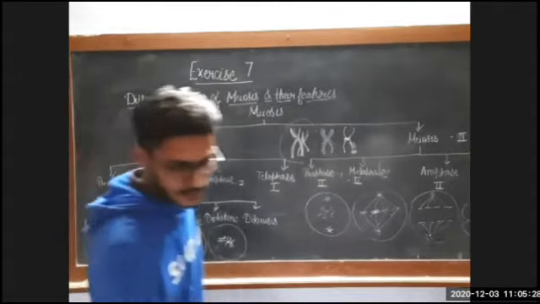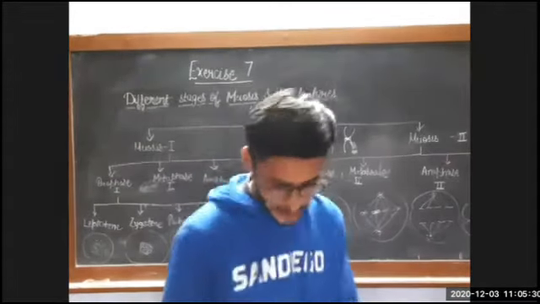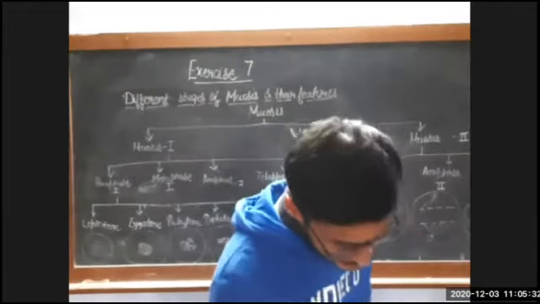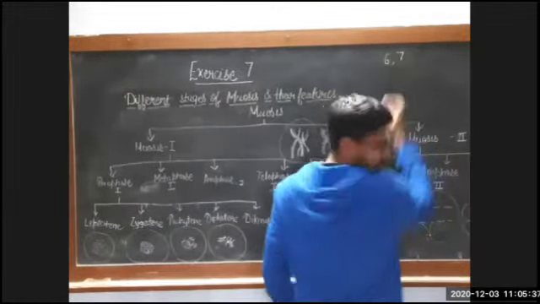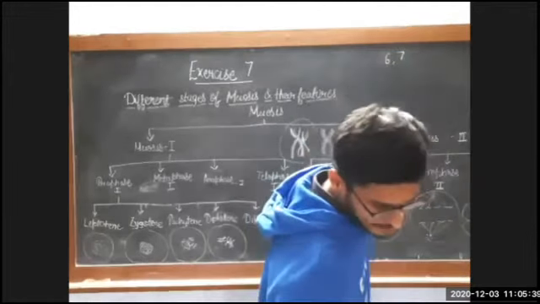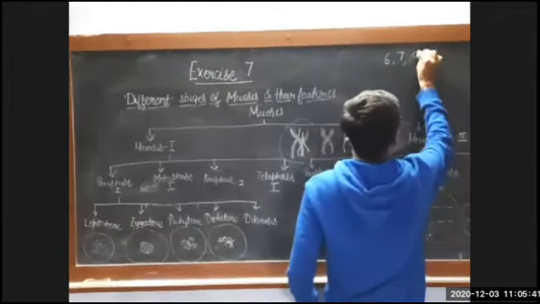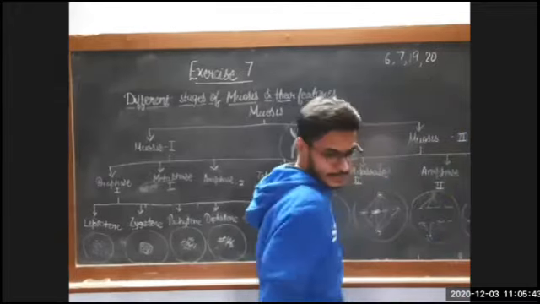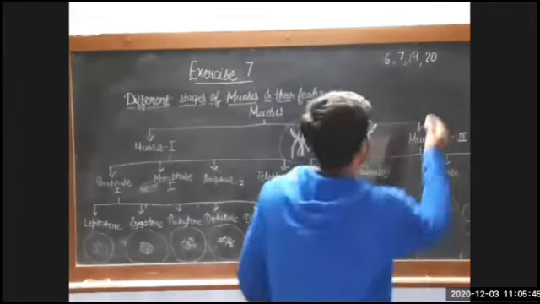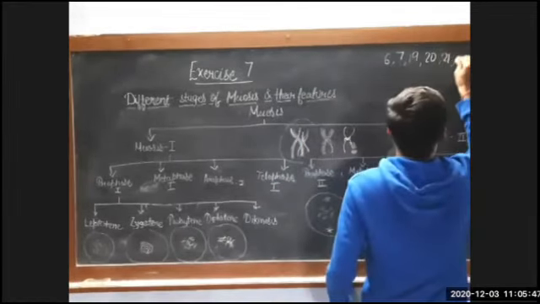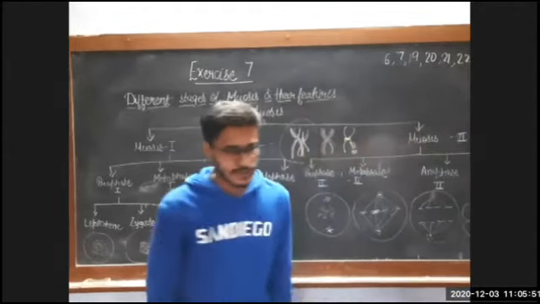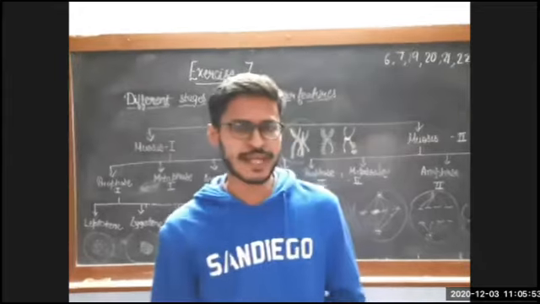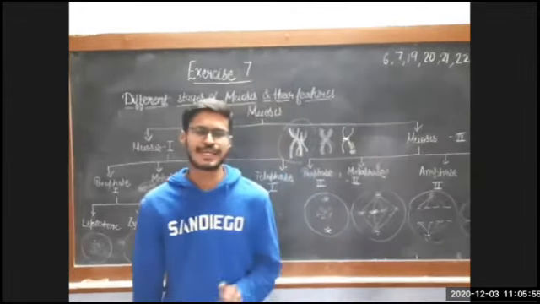First I'll tell you that some of the practicals are omitted, that is 6, 7, 19, 20, 21, 22 and 25. Kindly don't interrupt during the video. I'll give you the time after the explanation is done.